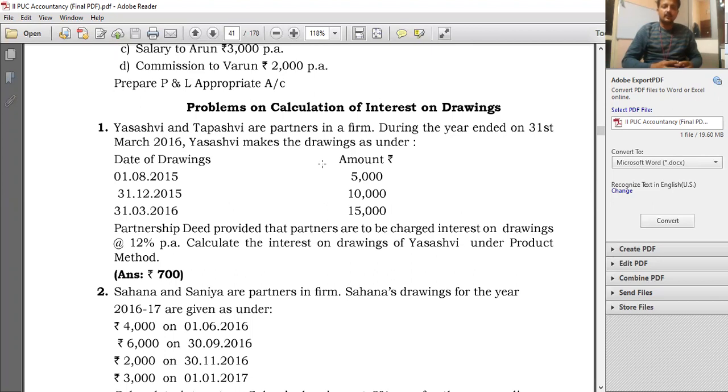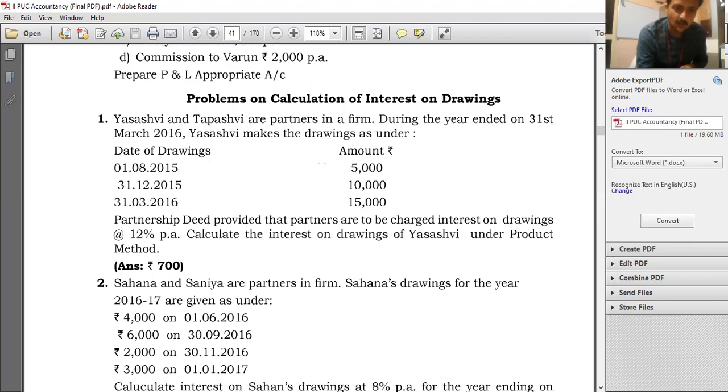For example, when the date of drawings is 1/8/2015, outstanding months will be 8 months, because from 1/8/2015 to 31/3 will be totally 8 months. So 8 into 5,000 will be 40,000. So that 40,000 will become the product. Like this, the total of all these products will be called the total product, and that total product will be multiplied by rate by 100 and into 1/12 to ascertain the interest on drawings.